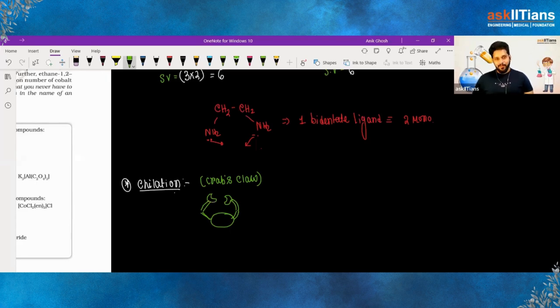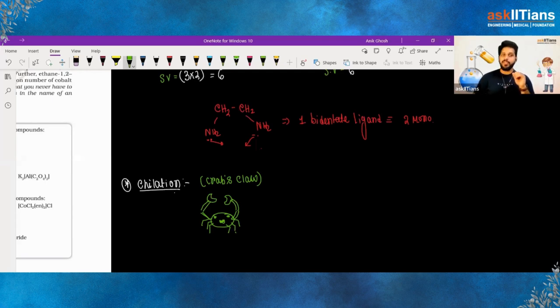Okay, now I have to draw the legs out. Okay, that's your crab leg. The way a crab holds something, that's called chelation. So, guys, why do they compare it with a crab's claw?